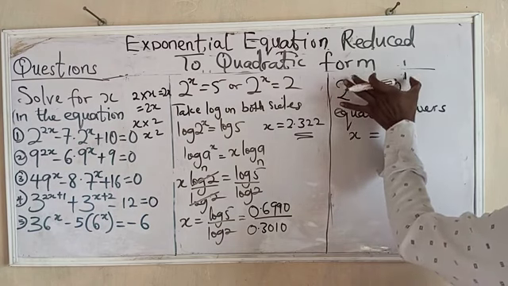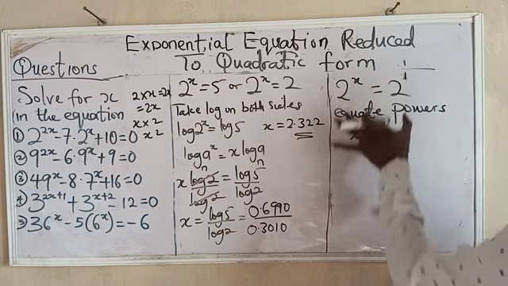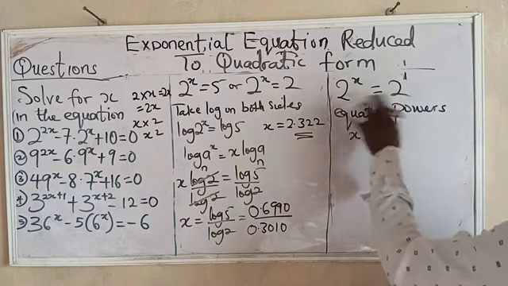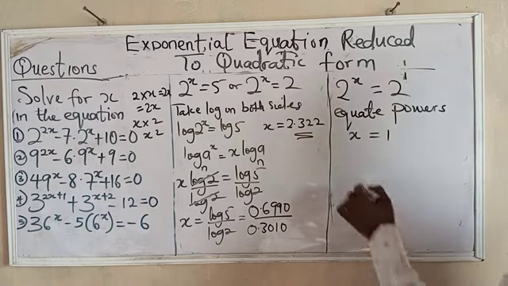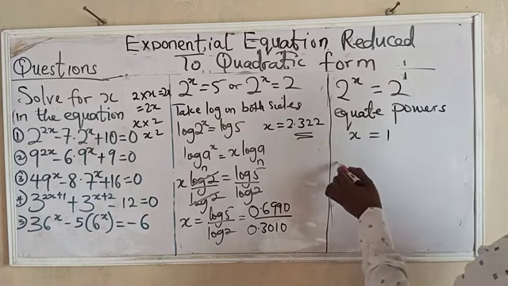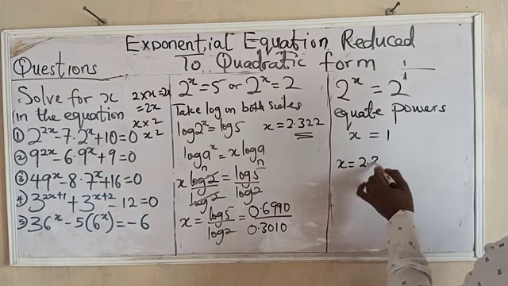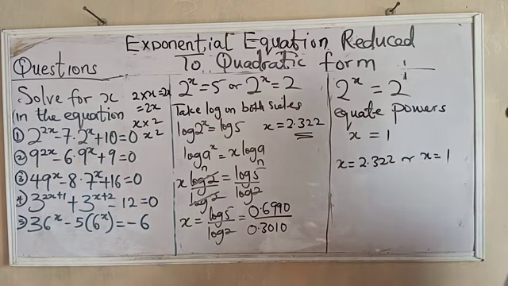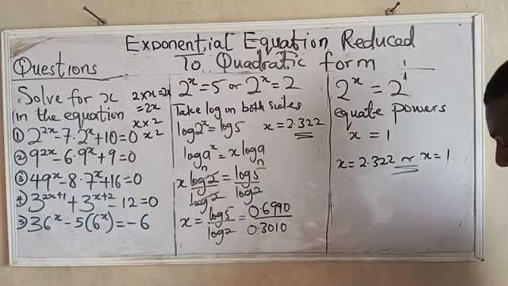So this is what I'm going to make use of since the bases are the same. So the answer to the first question is x equals 2.322 or x equals 1. So that is the solution to the first question.